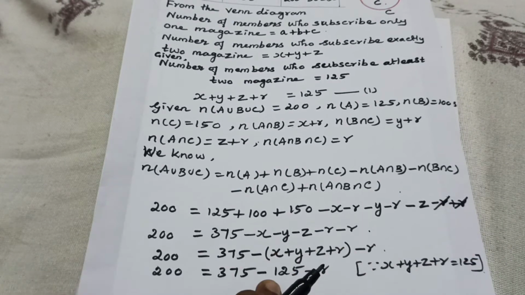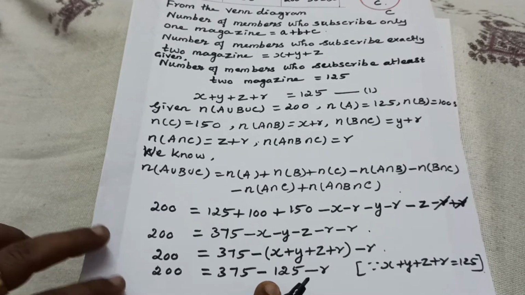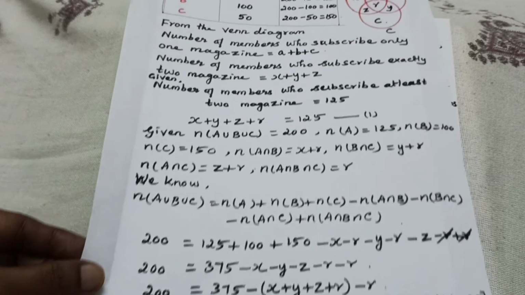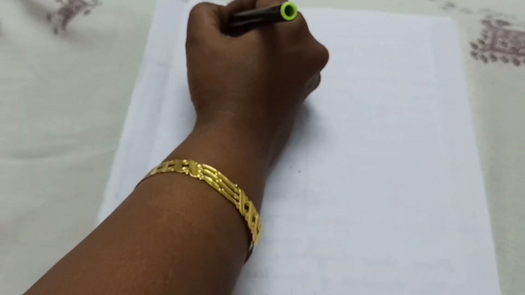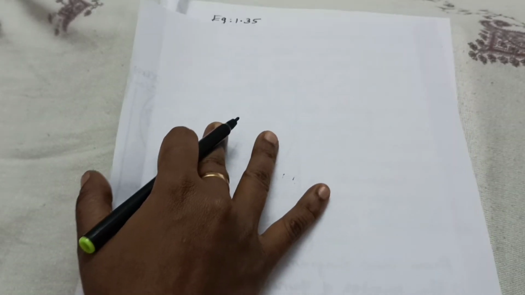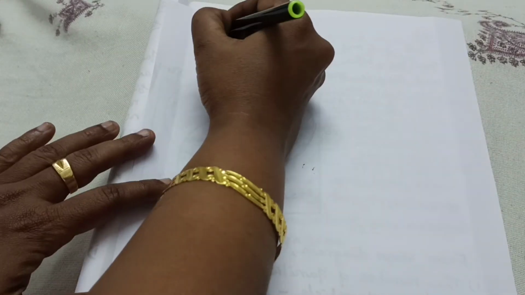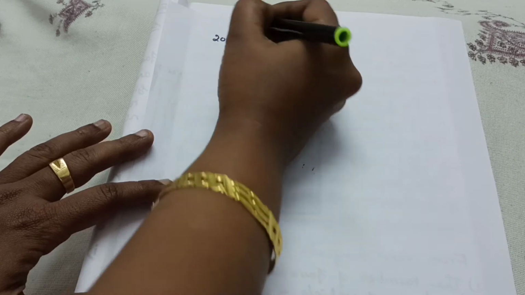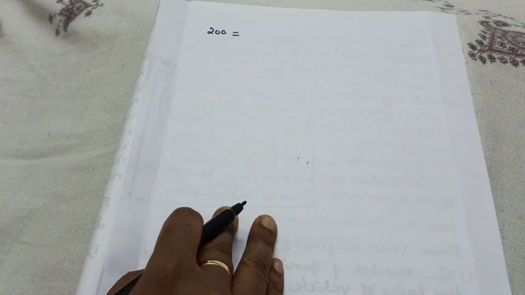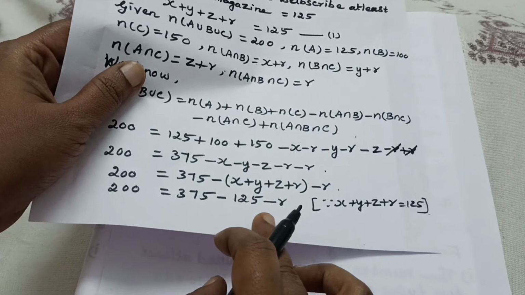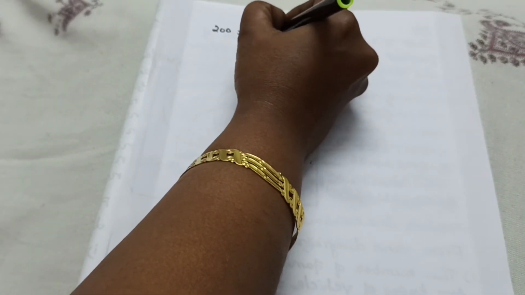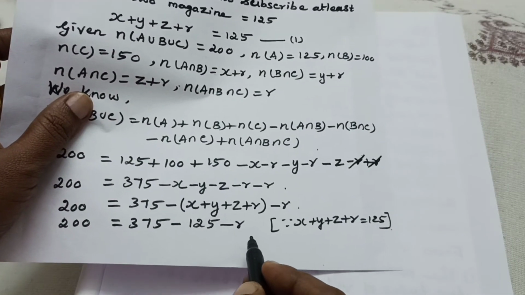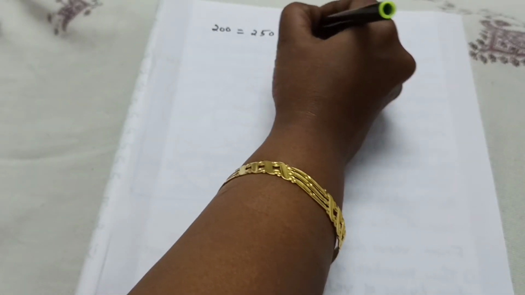This value only we substituted here. Then 375 minus 125, what's the value? 250, isn't it? So we can write 200 is equal to 375 minus 125 is 250, isn't it? 250 minus this R. Okay, minus R.